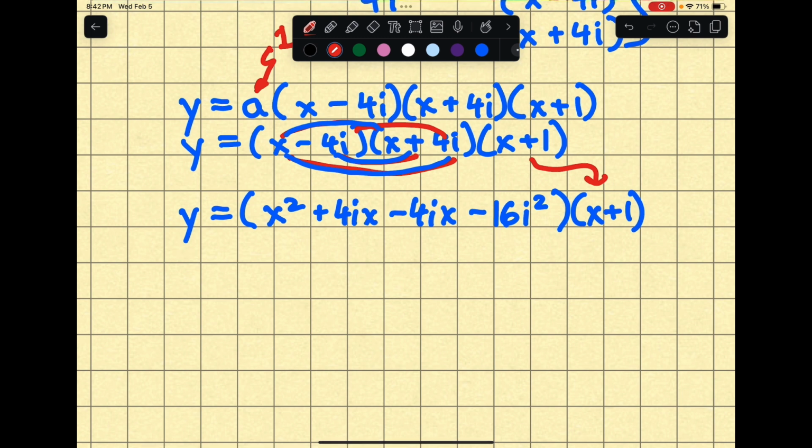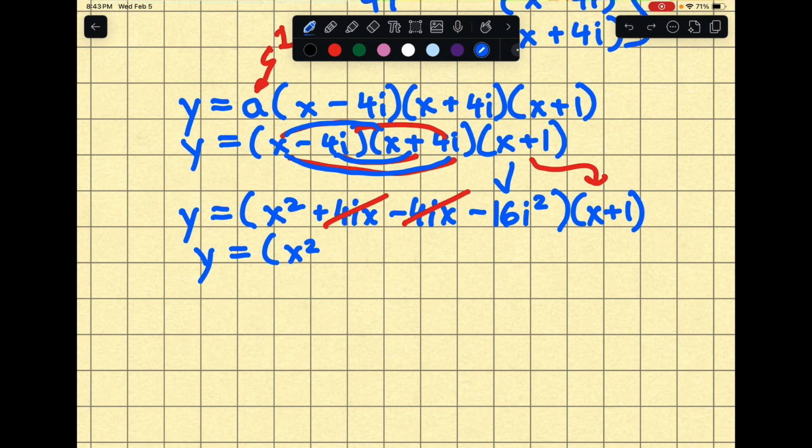Some quick things going on here. We see that these terms cancel. We have a plus 4ix and a negative 4ix. And remember always what happens with i squared. i squared becomes negative 1. So this simplifies into y equals x squared minus 16i squared once these two middle terms canceled out.